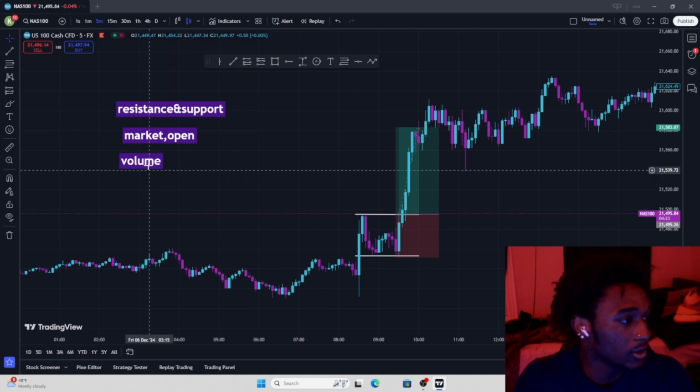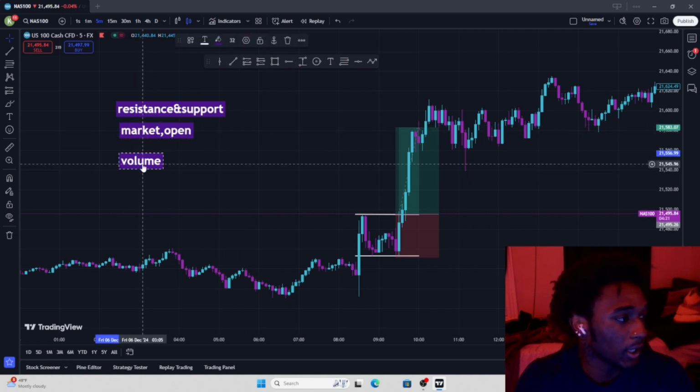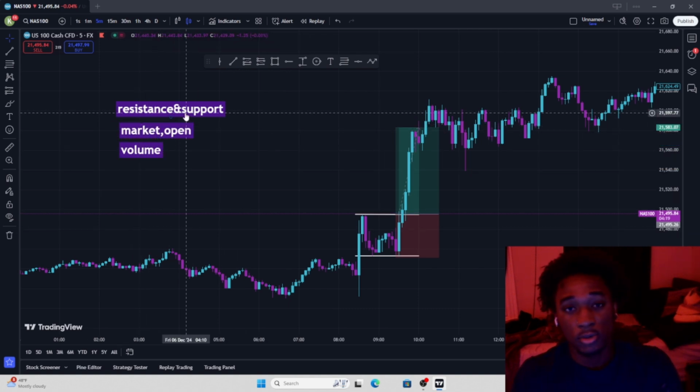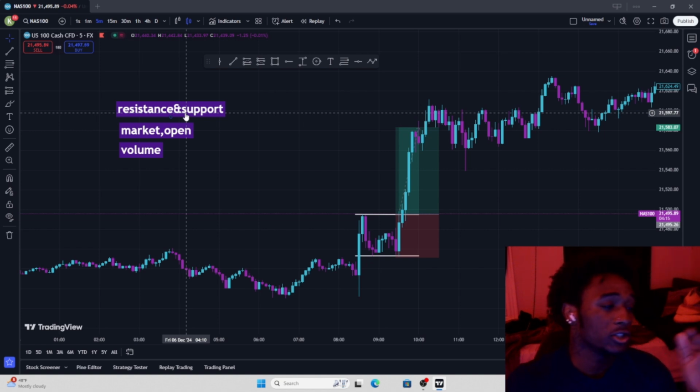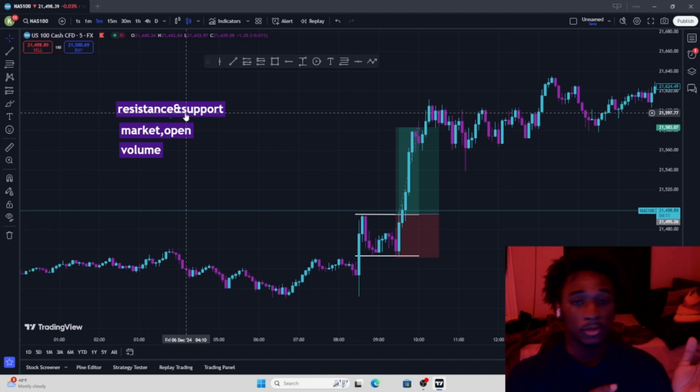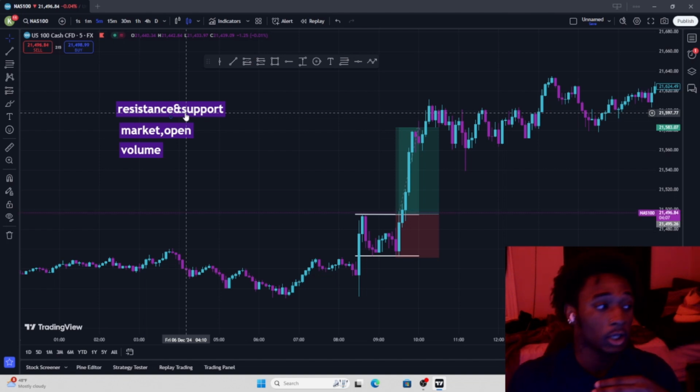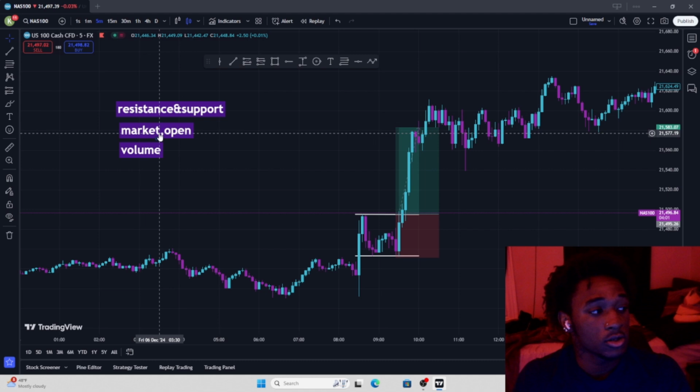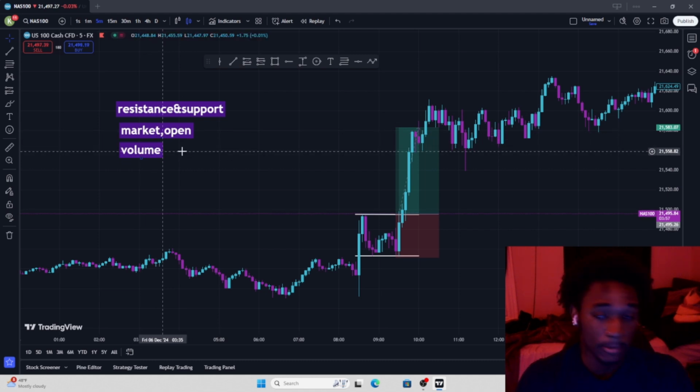Now I'm going to break down all this, right? So basically, like I said, you're going to want to make sure there's resistance and support. Why? Because resistance is a high and support is going to be a low. So the breakout is basically going to be if the price breaks above the high or if the price breaks below the low. The other thing is you're going to want to make sure you're trading it at market open because, like I said, you're going to need volume in the markets.